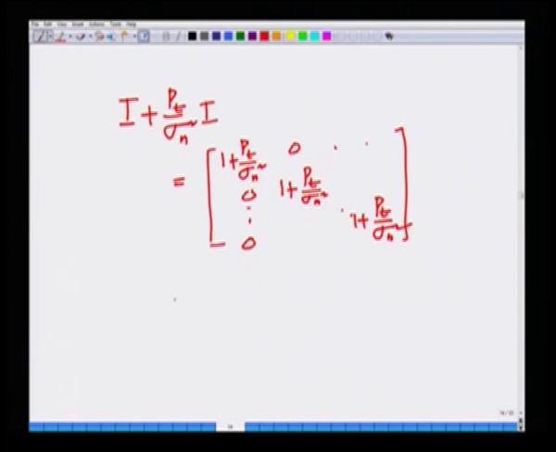Hence, the determinant of this matrix is 1 plus P_t over sigma_n squared to the power of R, and when you take the log of the determinant, that is R times log of 1 plus P_t over sigma_n squared.